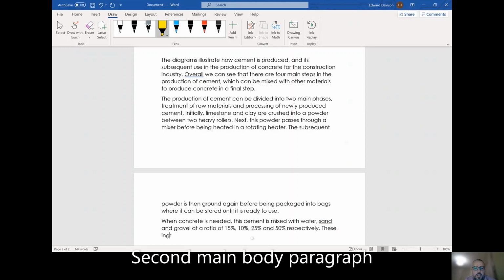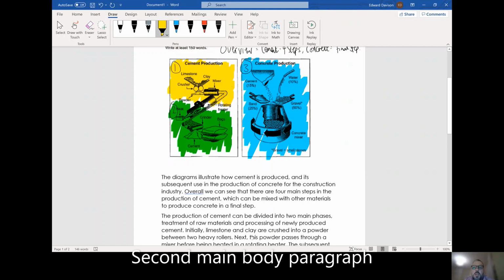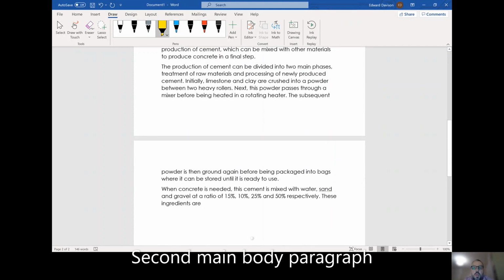These ingredients are rotated in the mixer until they are ready to be used for construction.